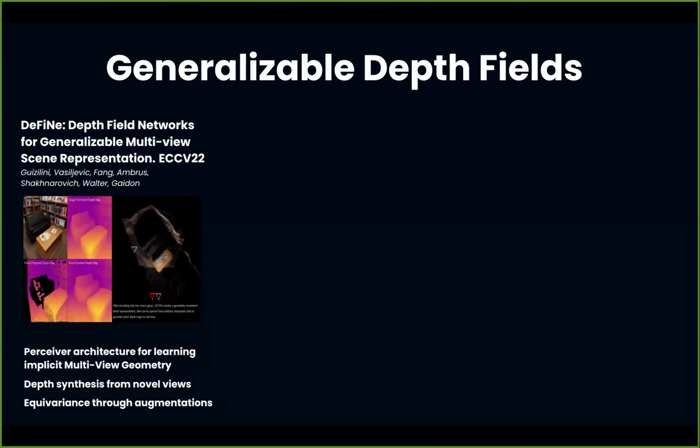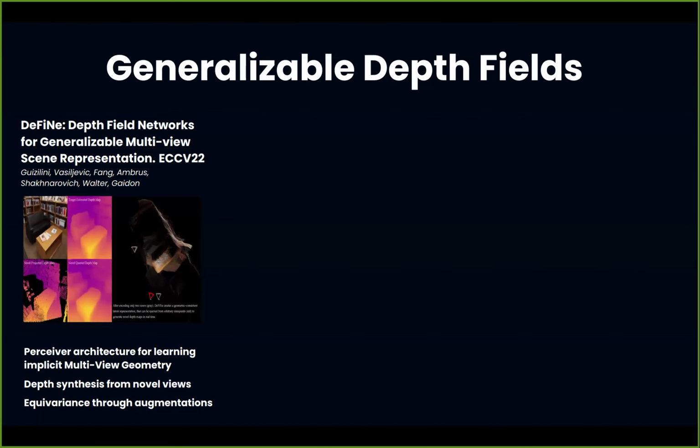What we looked at over here is how to learn multi-view geometry implicitly in the neural net. Instead of enforcing geometric constraints, such as cost volumes or bundle adjustment and things like that, we let the network learn these constraints or correlations directly from the data itself.